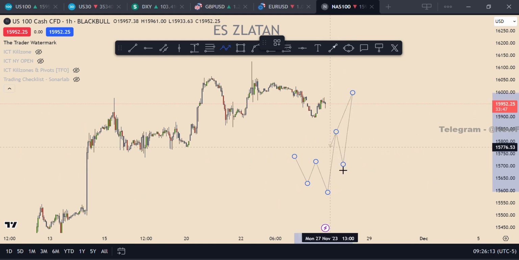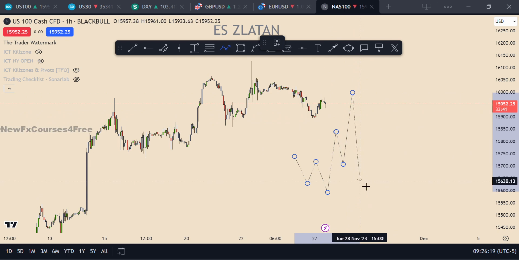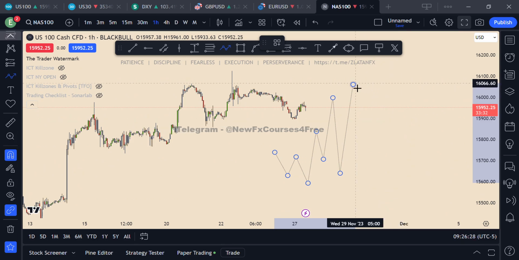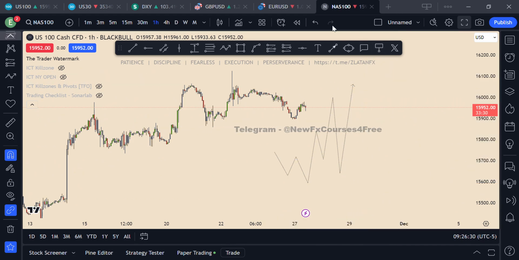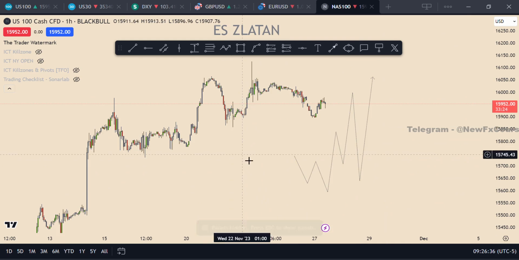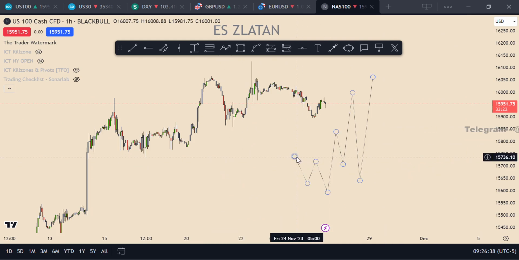When we have a retest to the breaker, literally the market always comes back to take out every single person that has entered through the breaker, and then we attack again. So literally this model is built on inducements and liquidity.